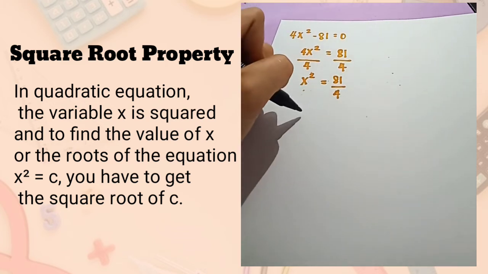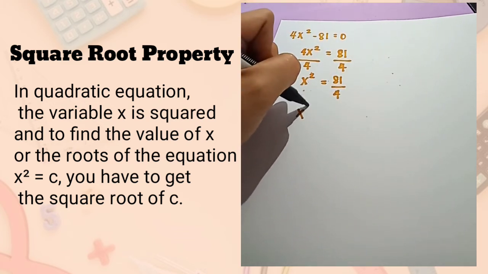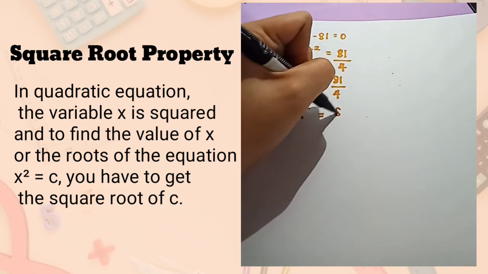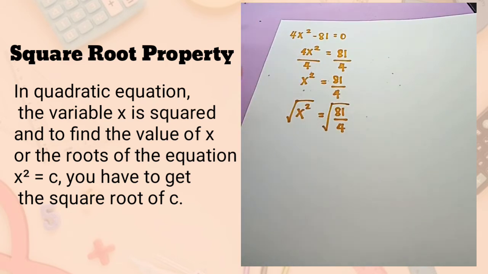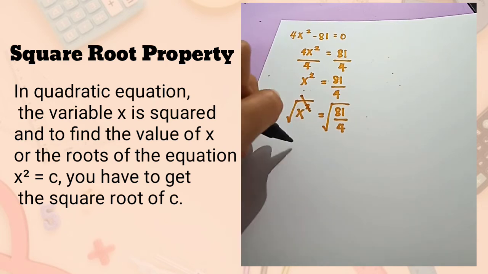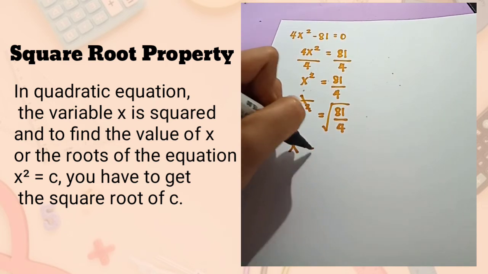Okay? So, now, square root natin yung parehas na side. So, okay. So, square root of x squared, then square root of 81 over 4. Okay? So, since ito ay makakancel na, matitira na lang yung ating x.